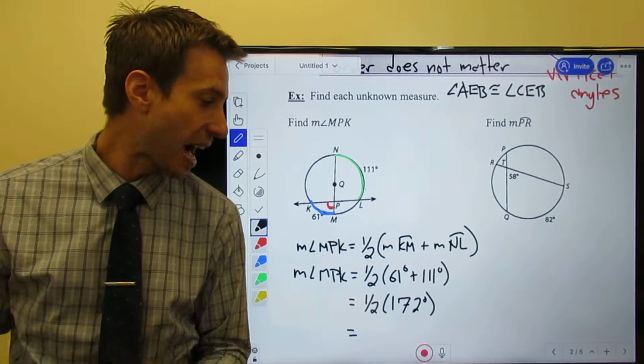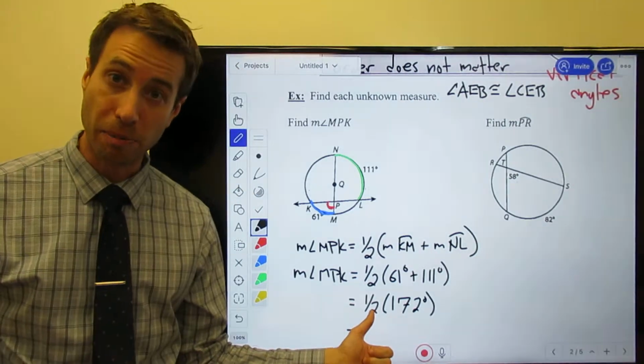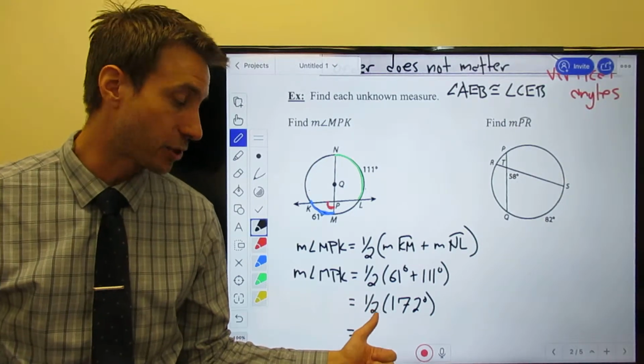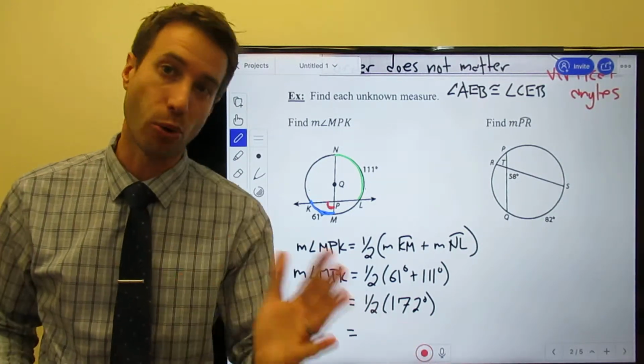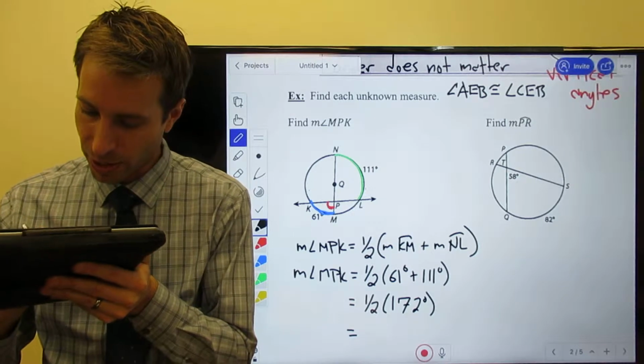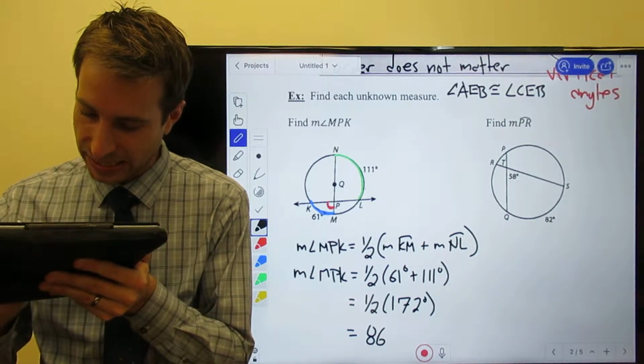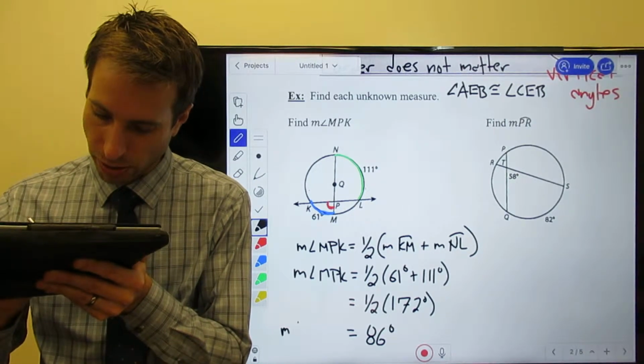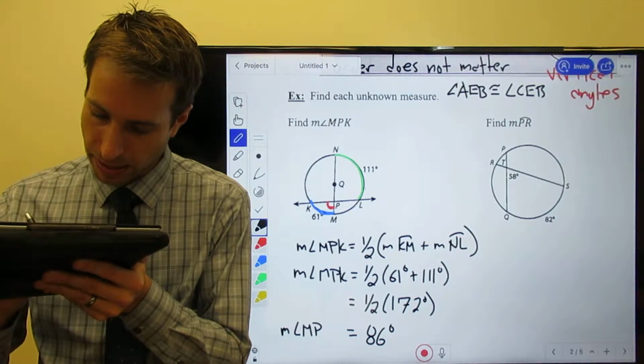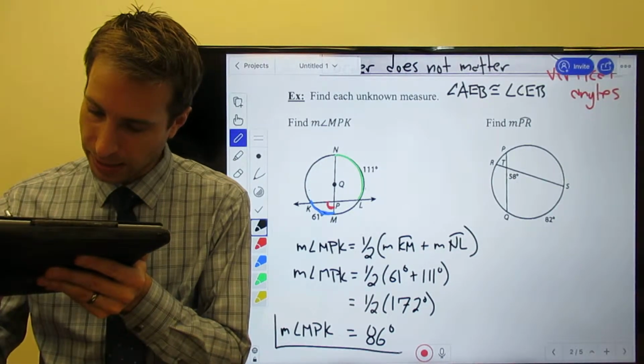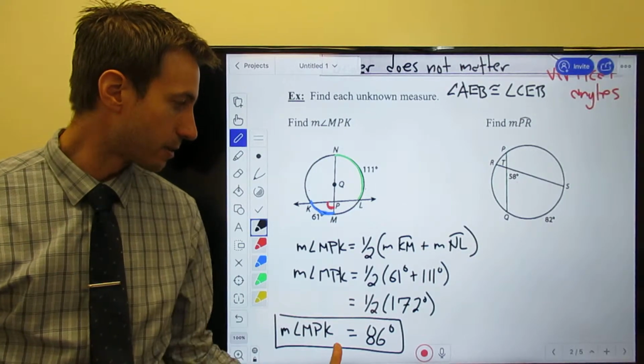You will divide 172 by 2, or 172 times 0.5, whatever, the exact same thing. You wind up with 86 degrees is the measure of angle MPK, which is exactly what I asked you to find.